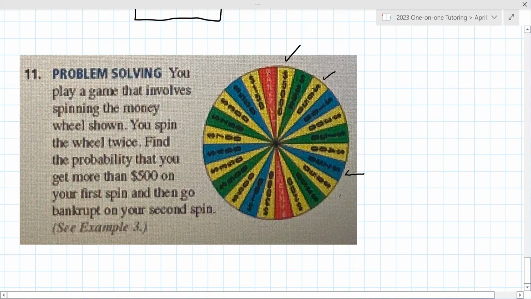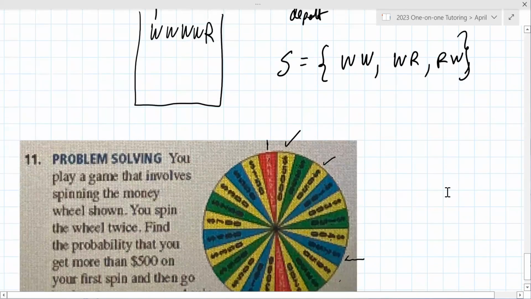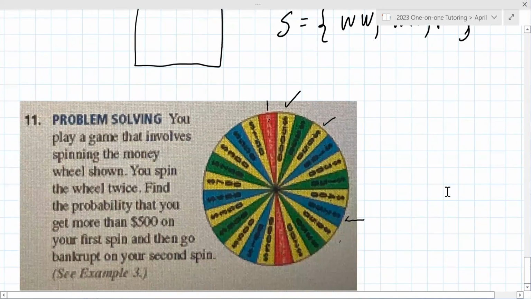There's a 750, and then a 950. And then there's another 700. There's a 500. There's a 900. And then another 700, and then a 550. And I think that should be it.